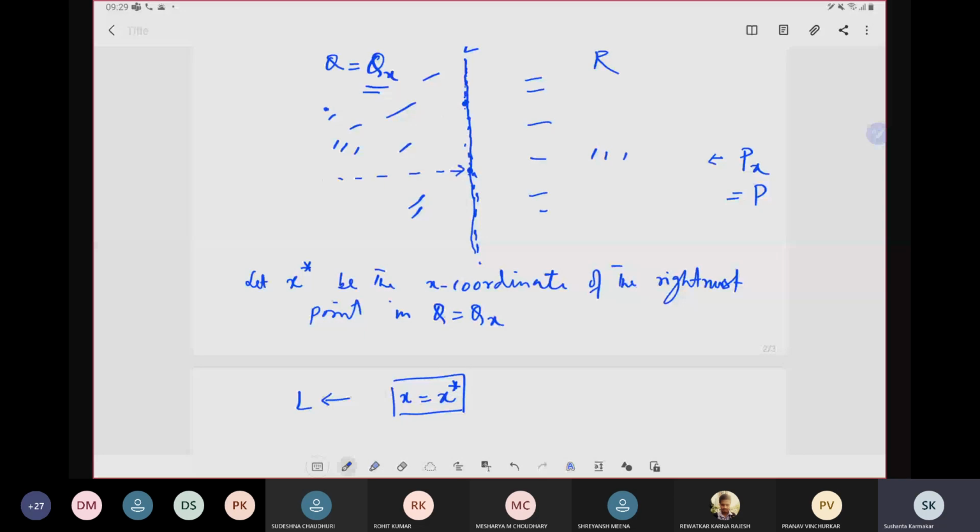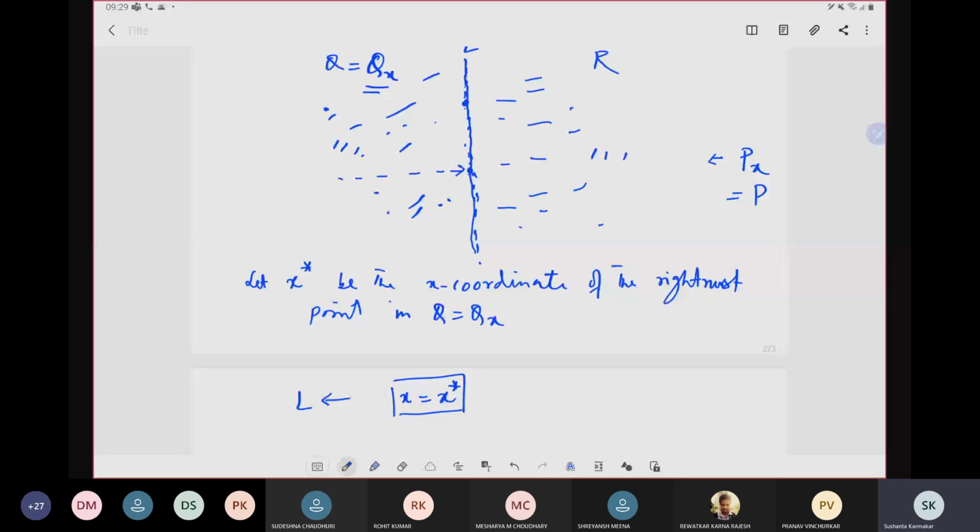For the time being, let's assume all the x values are distinct, unique elements. So all the elements in R are to the right side, because if some of them were on this line, they would not fall here.